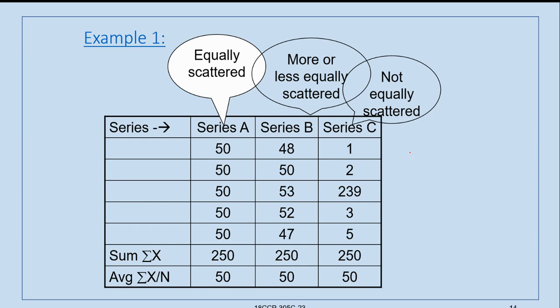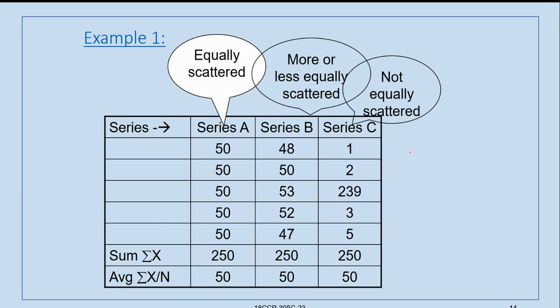So mean, median, mode have some difference. In the third series, even though the sum of the series is 250, there is a lot of variation. First item is 1, second item is 2, whereas the third item is 239, and the fourth and fifth items are 3 and 5 respectively.